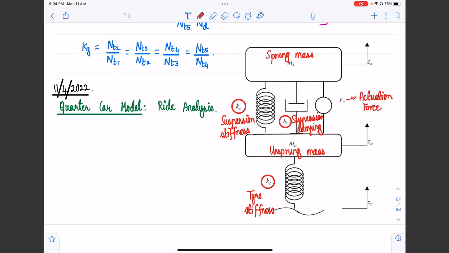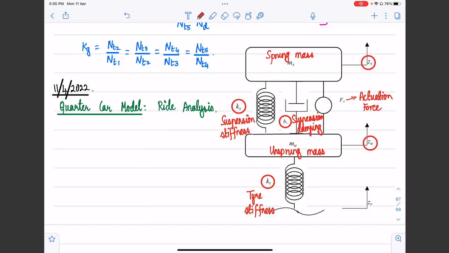Now, this model is a 2 degree of freedom model. The 2 degrees of freedom being the vertical displacement of the sprung mass, which is denoted by the symbol Z subscript S, and the vertical displacement of the unsprung mass, which is denoted by the symbol Z subscript U. Okay, so Z subscript S and Z subscript U respectively denote the vertical displacement of the sprung mass and the unsprung mass from their initial equilibrium states.